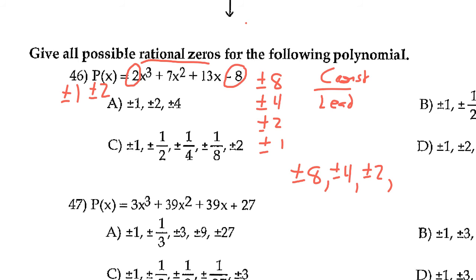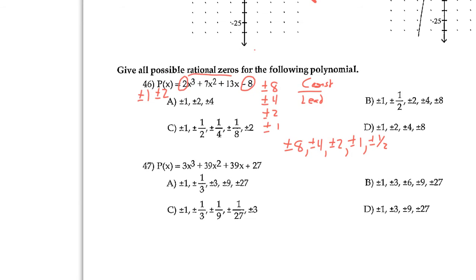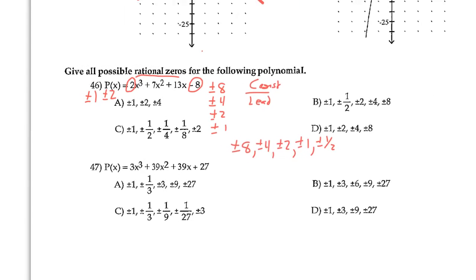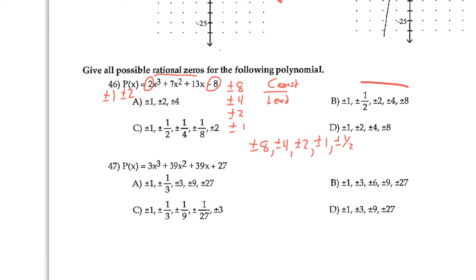Okay? 2 put on top of 2 would give me positive or negative 1. 1 put on top of 1 would give me positive or negative 1. And finally, 1 put on top of 2 would give me positive or negative 1/2. So I'm looking at any answers that have all of those possibilities, which looks to me like it is B.